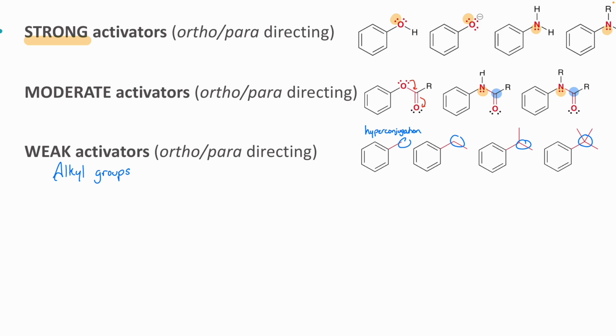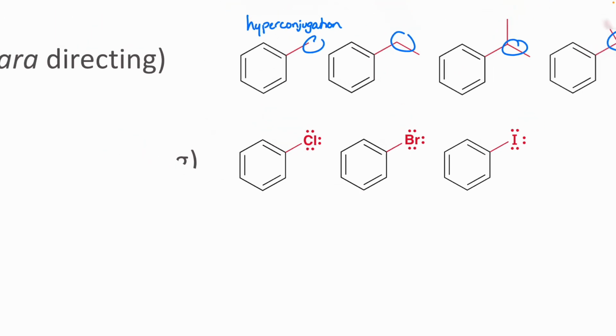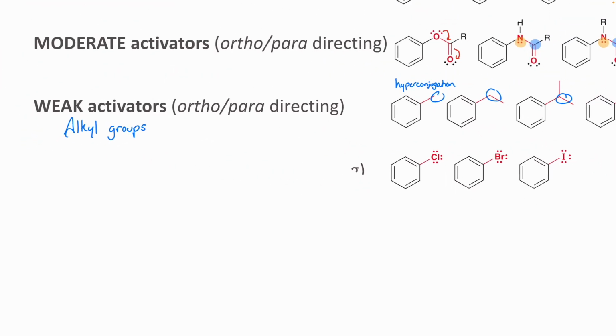Okay. Our next group, let's take a look at them here. What do these all have in common? The halogens. The halogens are also kind of a weird category. The halogens are ortho-para directors. Notice how they have that lone pair next to the ring.